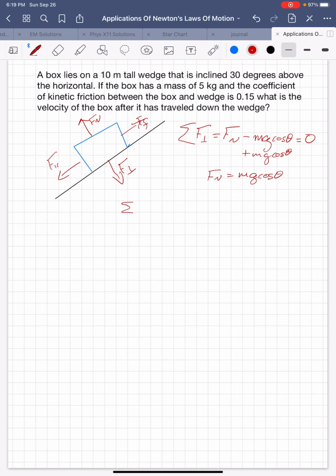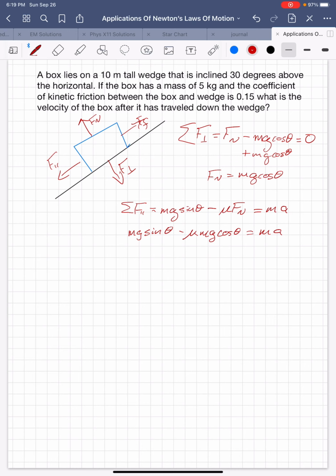Now I can look in the parallel direction to find the acceleration. So the sum of the forces in the parallel direction says what? The force of gravity parallel, mg sine theta, minus the force of friction, which is mu times the normal force, equals ma, or I can write it as mg sine theta minus mu mg cosine theta equals ma.